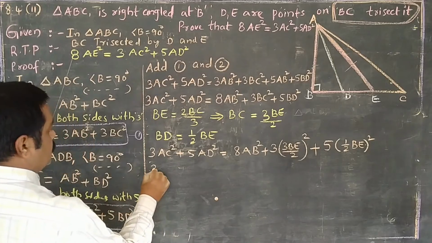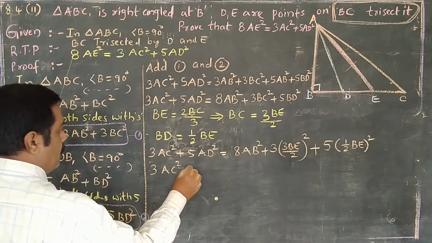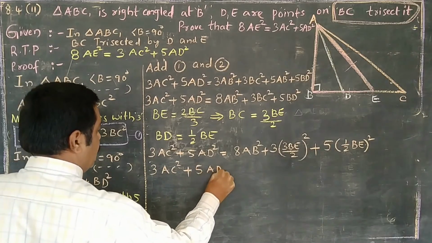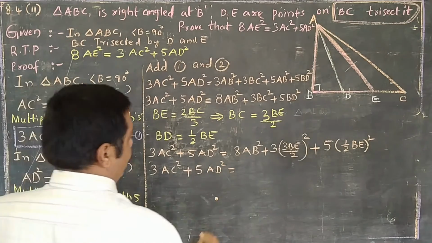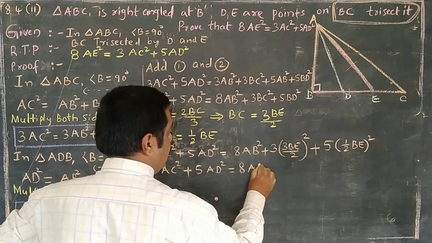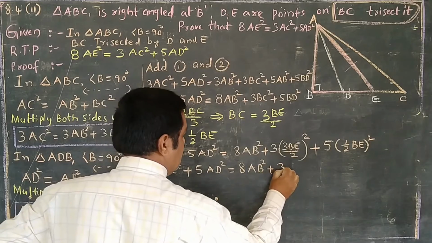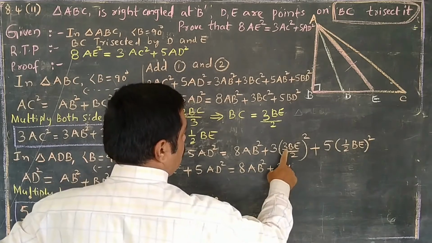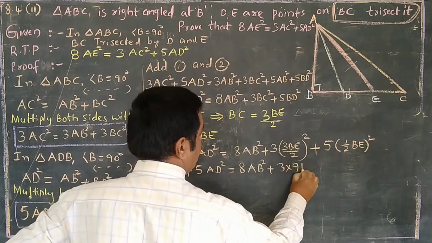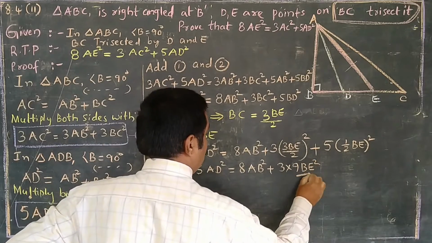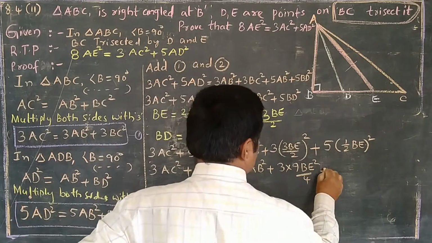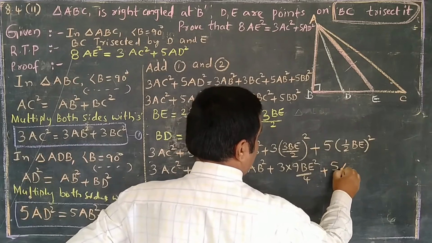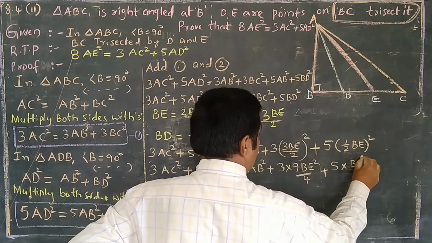So 3AC square plus 5AD square is equal to 8AB square plus 3 into 9BE square by 4, and the same here 5 into BE square by 4.